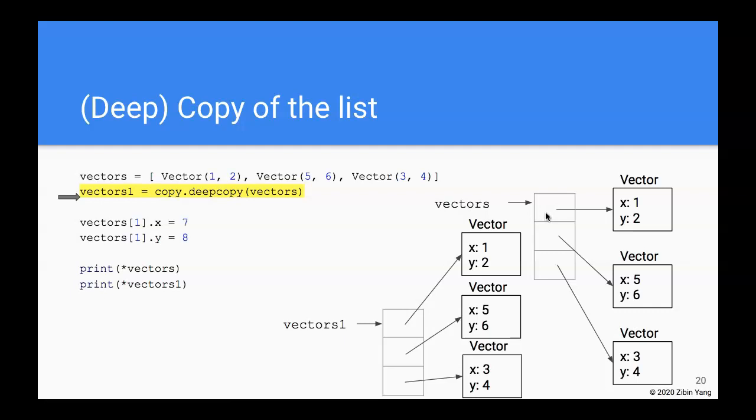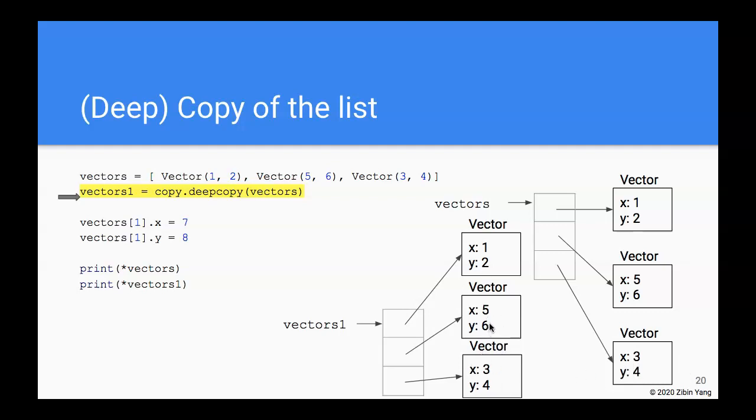For the vector at index 0, it will make a copy of the instance of vector that this points to, and the copy of the list's first element will point to the copy of this vector. Then it will make a copy of the second element, and the second element of the copy of the list will point to the copy of the second element, and it does the same for the last element as well.